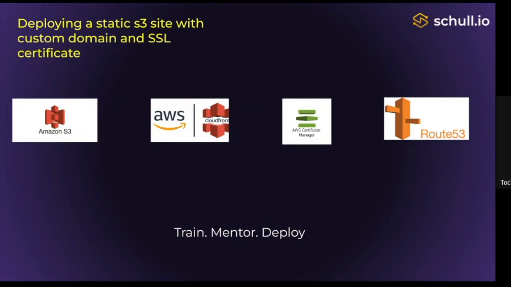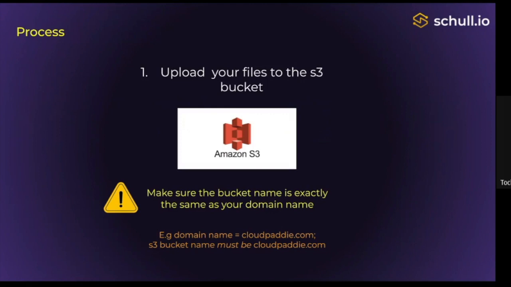So let's begin. Our first step, I'll just run you through everything, then we will take it bit by bit. We'll upload the files to our S3 bucket, and we need to make sure when naming our buckets that the names match. So if you have cloudpaddy.com, the S3 bucket name must be cloudpaddy.com.